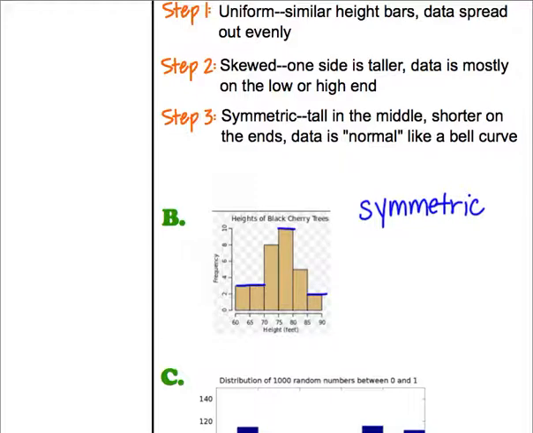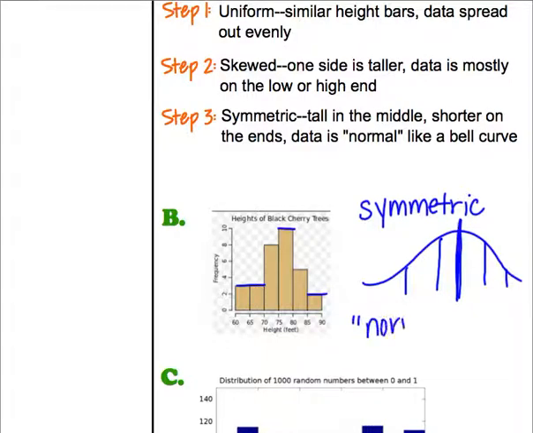And we're looking at heights of black cherry trees. If you remember the bell curve, where the majority fall within 2 standard deviations of the mean that falls right here, then we can say, in quotations, normal distribution.